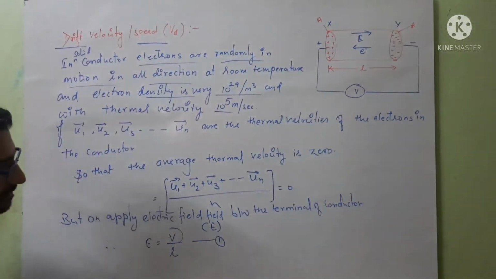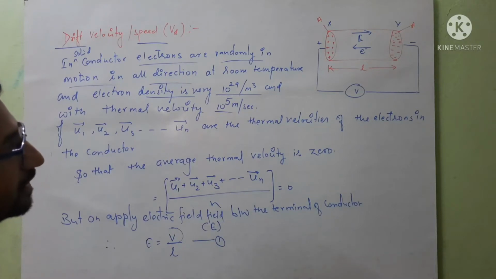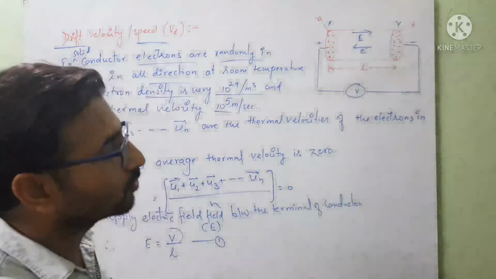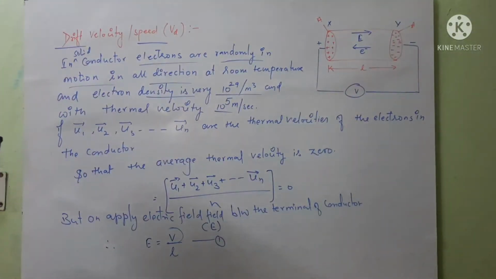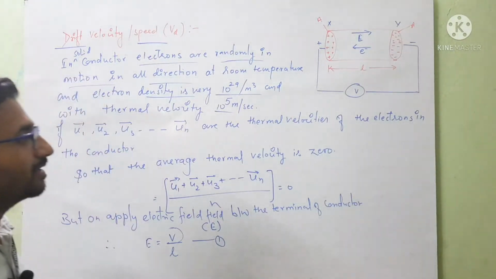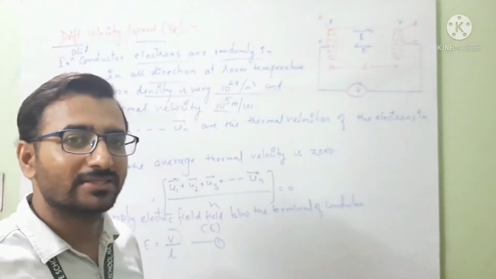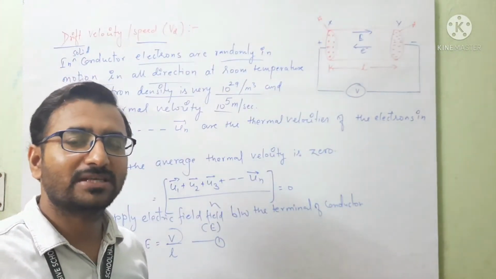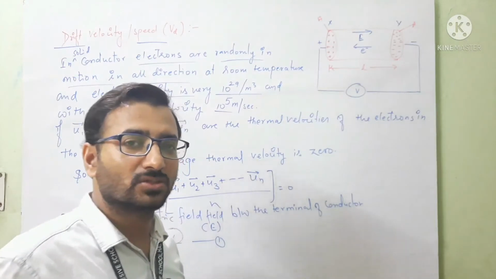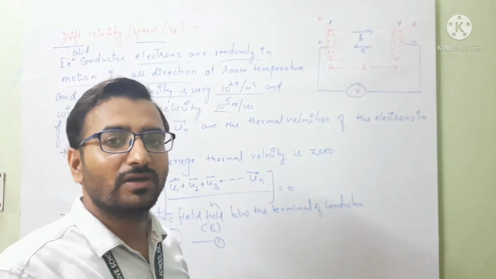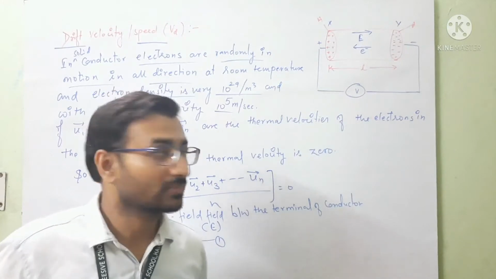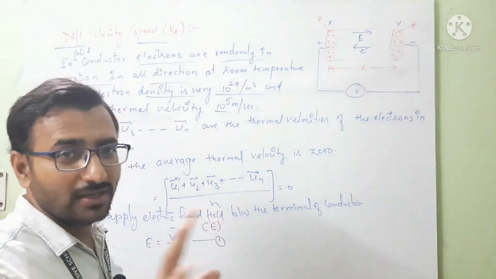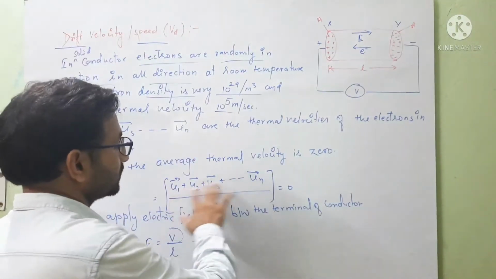And on applying the external electric field, we know very well the electrons, means the current carriers in short, will move in a definite direction. Initially they are not moving in definite direction, because in thermal agitation, or you can say at room temperature, they are free to move in all direction, means they are moving randomly, so the algebraic sum of all the velocities, I am taking here because it contains direction also, will be 0.